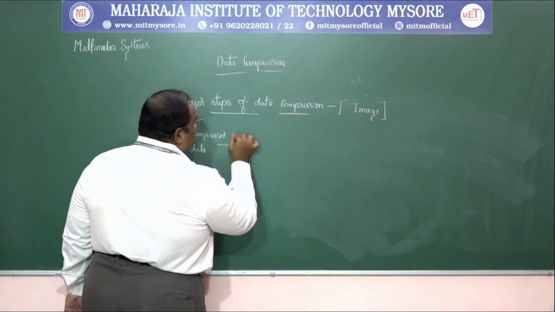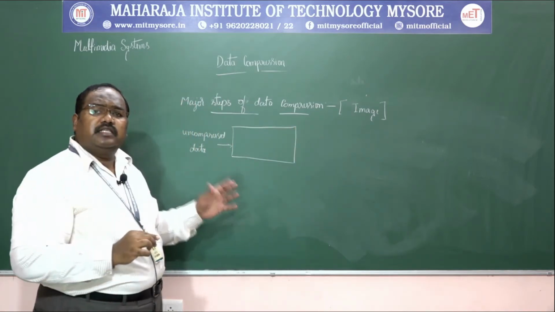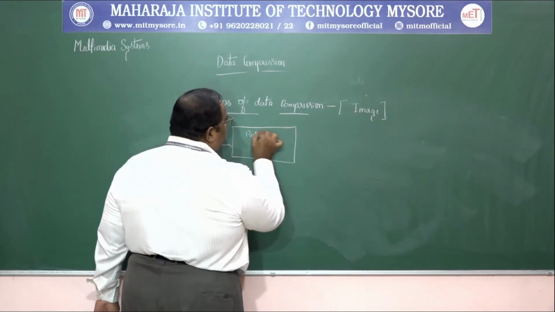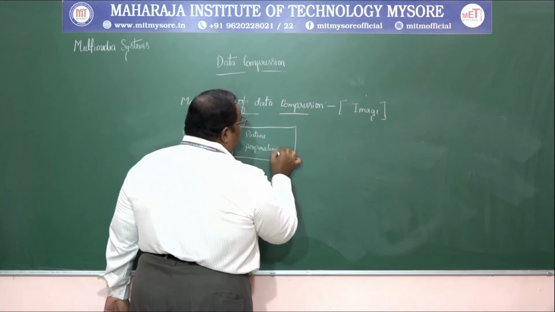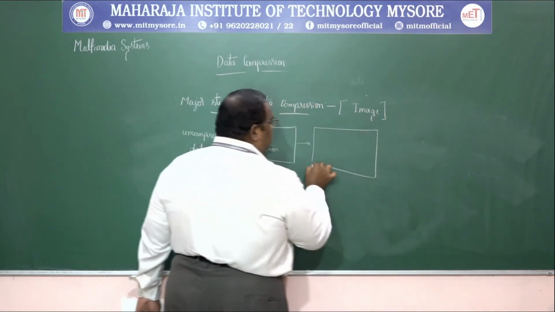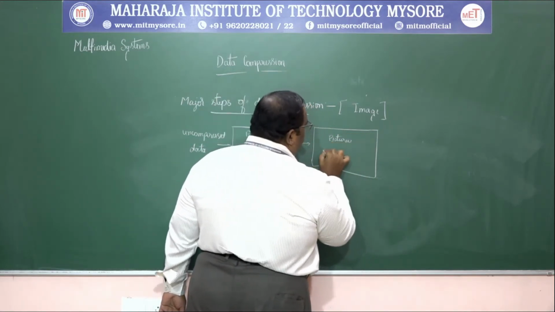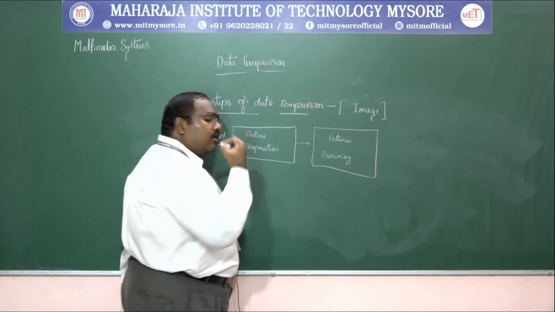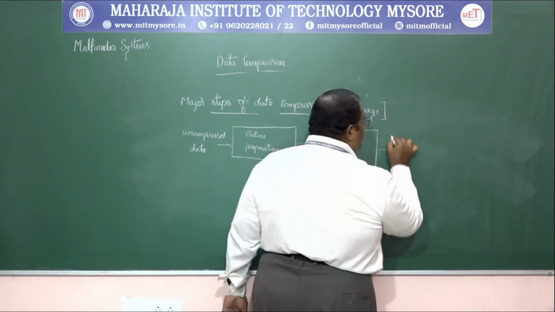The uncompressed data is fed into the first stage, picture preparation, which we have just discussed. The output of picture preparation is fed into the second level, picture processing. After picture processing, the output is fed into the quantization process.